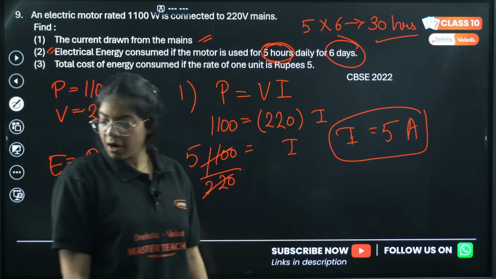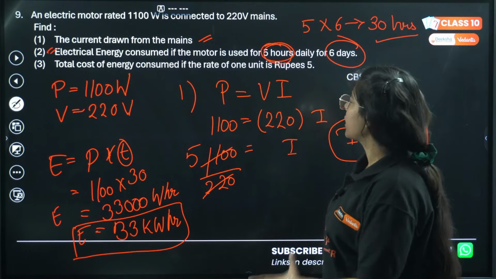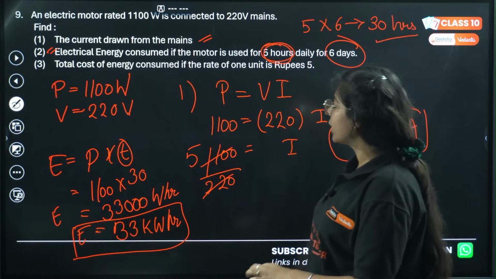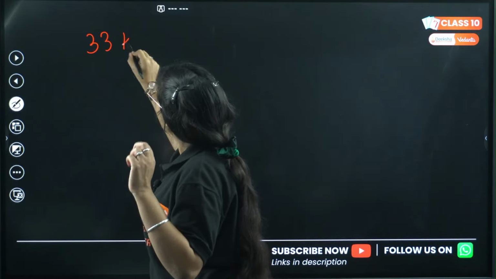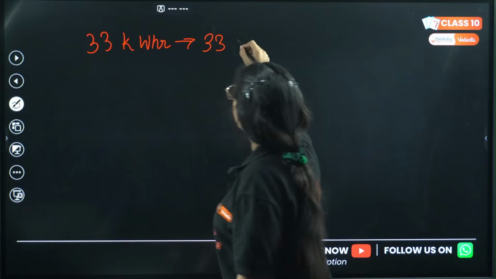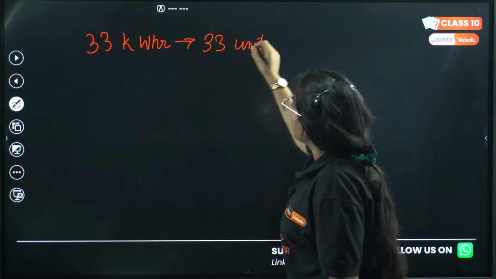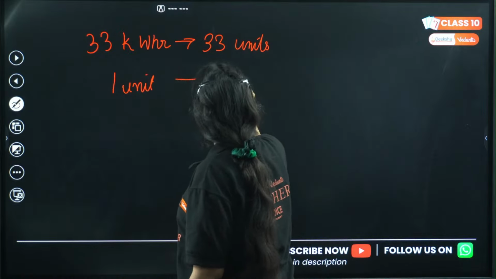Let's move on to the third part. The third part asks total cost of energy consumed if the rate of 1 unit is 5. So we have 33 kilowatt hour, correct, which is equal to 33 units, correct, and rate of 1 unit is what? 5 rupees.